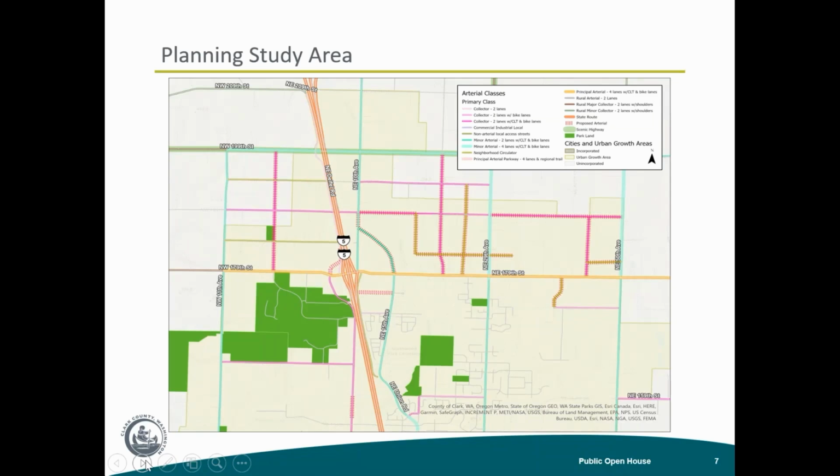Here you're seeing maps and future roads on our arterial atlas. Our arterial atlas is our future long-range circulation plan. Several of the roads are just lines on a map right now, waiting for future development to build those roads. Next slide.